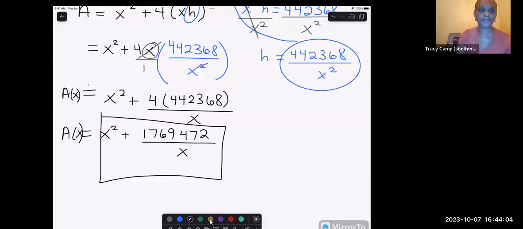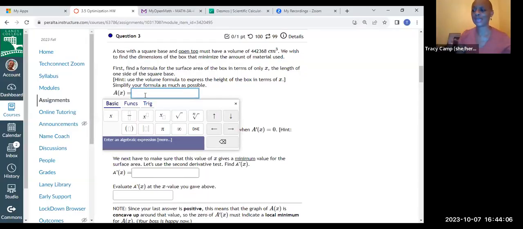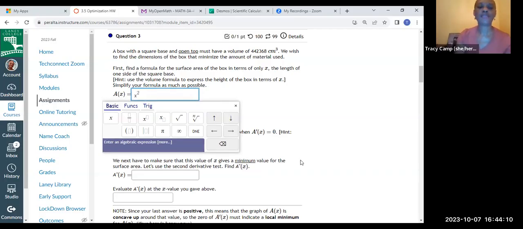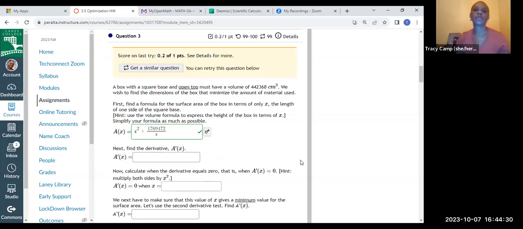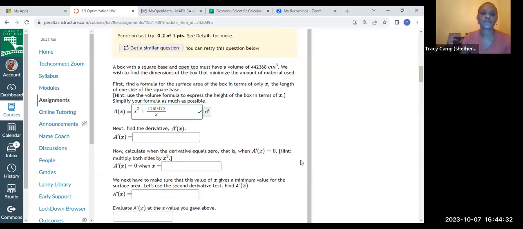And that's always going to be your first step, is to create a formula for what you need to minimize. And then after that, everything is the same as section 3.3 when finding maxes or mins, and 3.4 when finding maxes or mins.